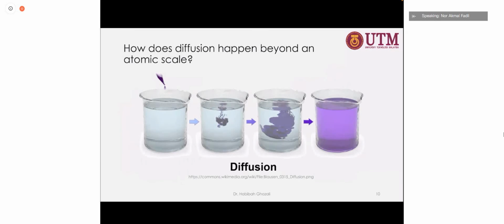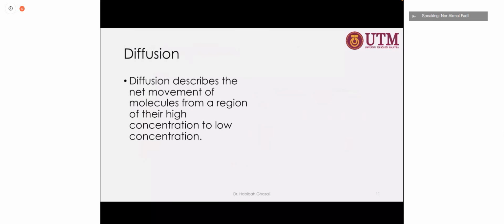So how does diffusion happen beyond an atomic scale? For example, in a liquid. Diffusion describes the net movement of molecules from a region of high concentration to low concentration. It's common sense.